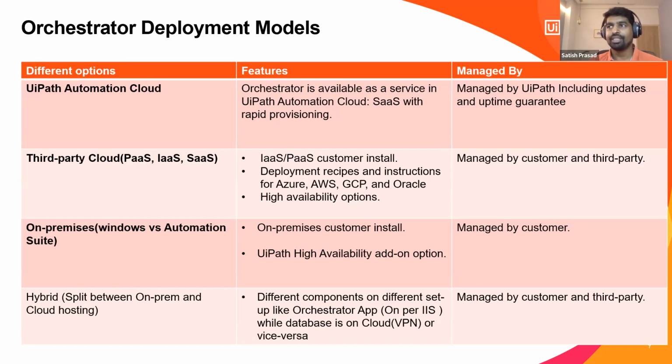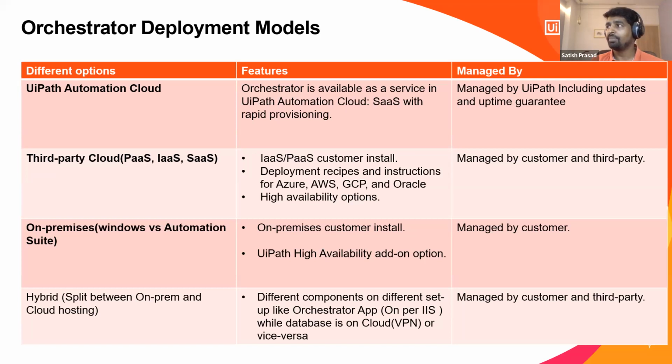So we have different options available. One is UiPath Automation Cloud, and that's basically available to you as software as a service. So you don't need to worry about the infrastructure which is running the UiPath Orchestrator. It is being managed by the UiPath team. All the updates and everything will be taken care of by the UiPath team only, right? And they'll be ensuring that your platform and your infrastructure is up and ready for use every time.